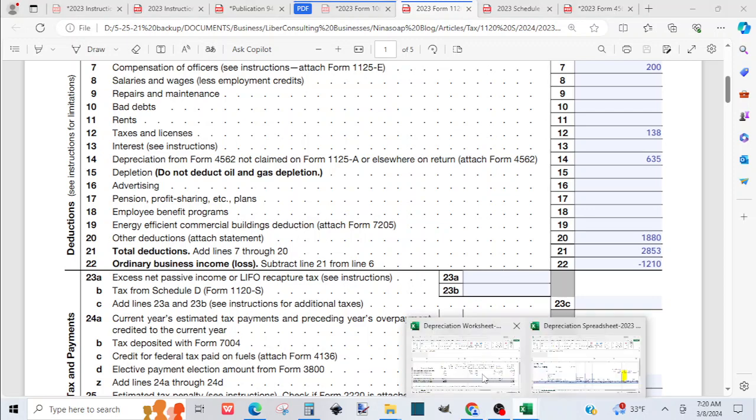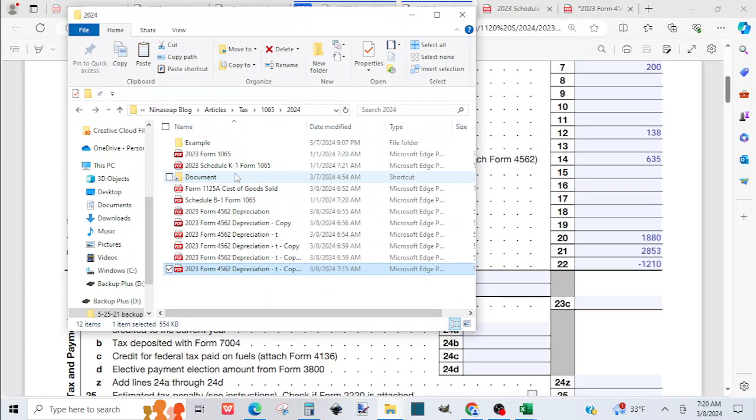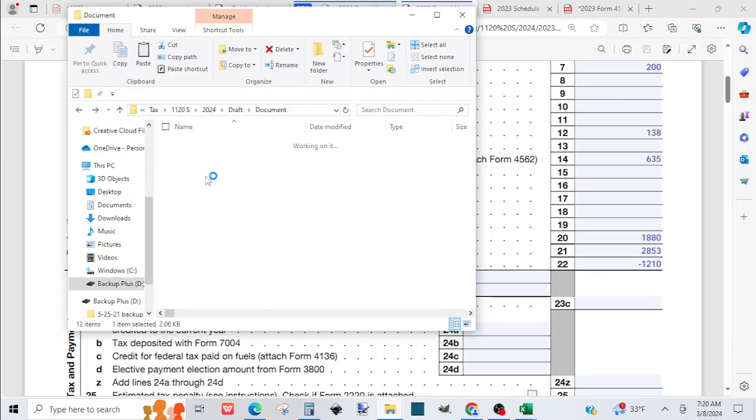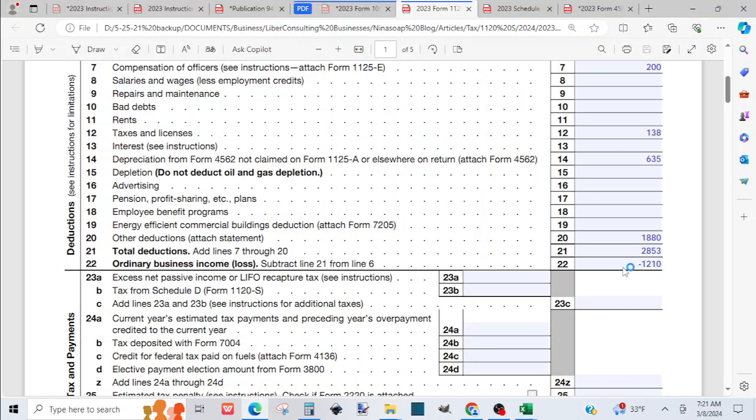Let's open the Schedule L attachment. Anything that goes under other deduction, because you don't have any specific line for it, you need to attach a statement for it.